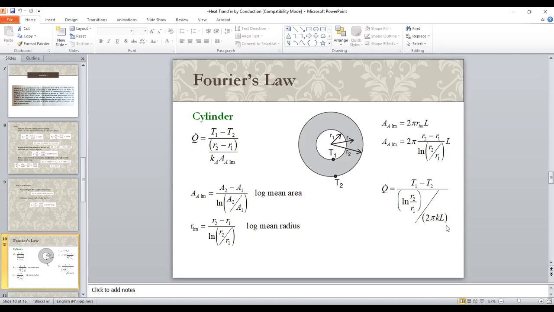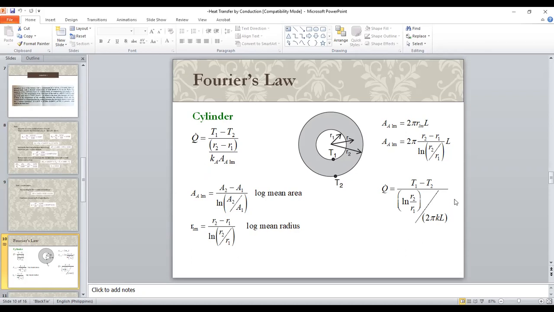So you have the choice between using this particular formula where you need to first determine the log mean area, or you can use this particular formula taken from these two areas in log mean form and this radius in log mean form.